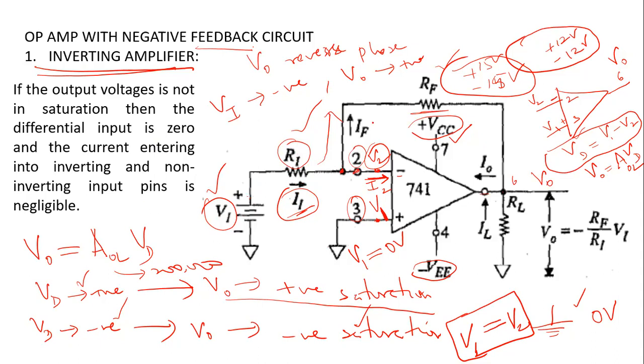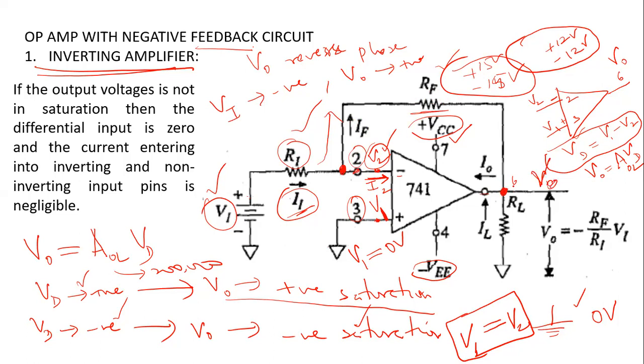And similarly, what is the current IF here? The current IF will be the potential difference across this feedback resistor. On the left side, the potential at this point is V2, and on the right side of this feedback resistor RF, the potential at this point is your V0.